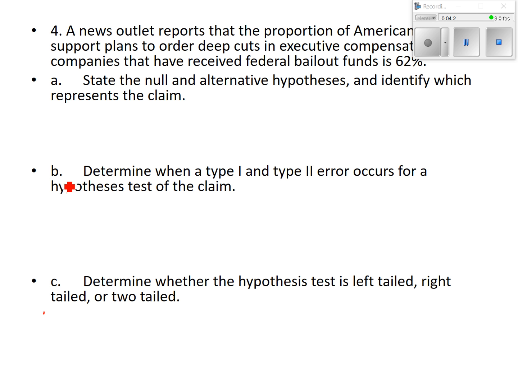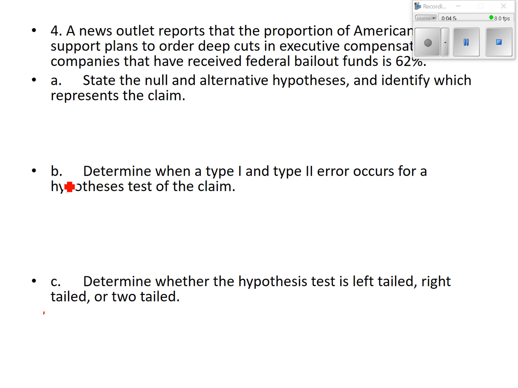The proportion of Americans who support ordering deep cuts in executive compensation at companies that have received federal bailout funds is 62%. This tells you I should probably update my test, because it was about 7 years ago that they gave GM and all of them the bailouts.